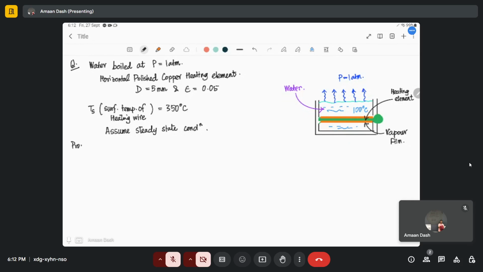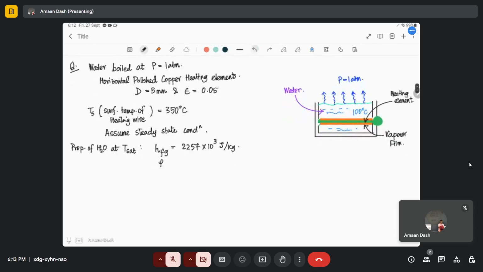So all the properties are given at T sat. hfg is equal to 2257 times 10 to the power 3 joules per kg, and density is equal to 957.9 kg per meter cube.